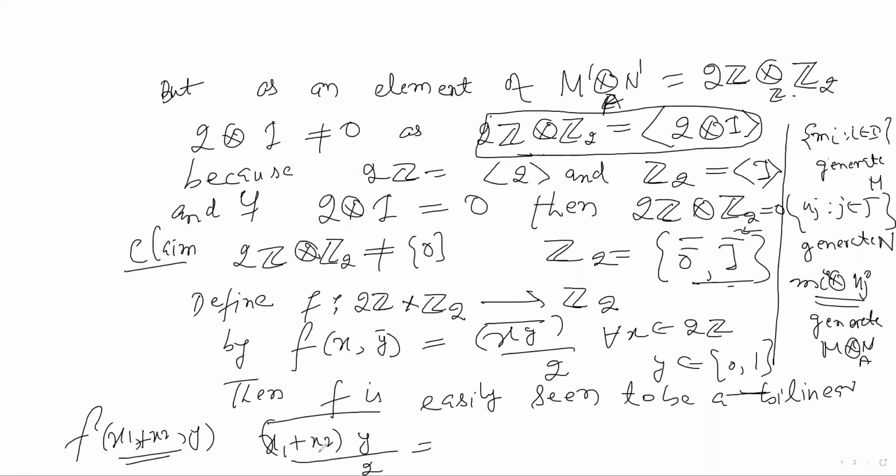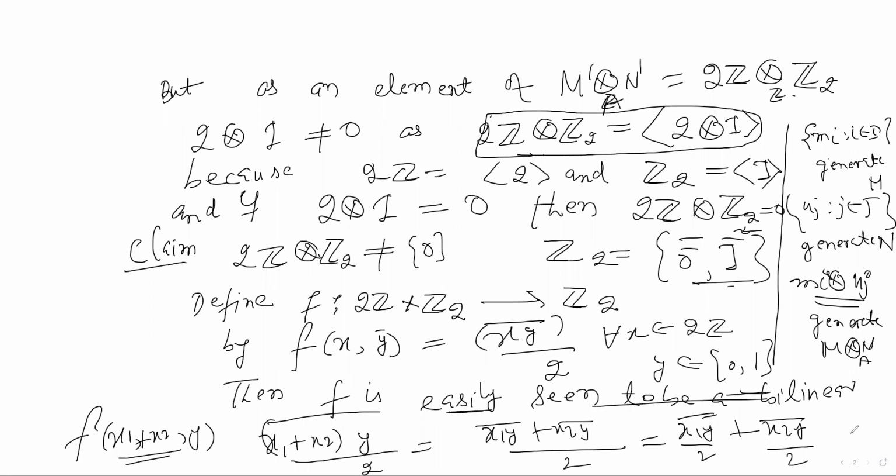But we know that this bar preserves both addition and multiplication. So you can write it as x1 y bar by 2 plus x2 y bar by 2. Okay, so likewise the other things. So just verify that this is bilinear.